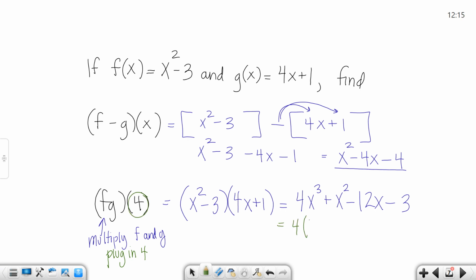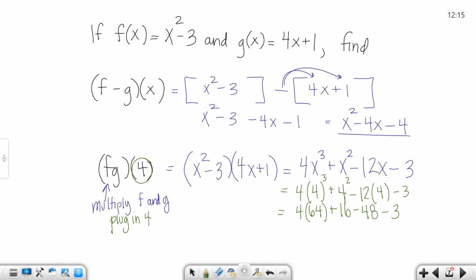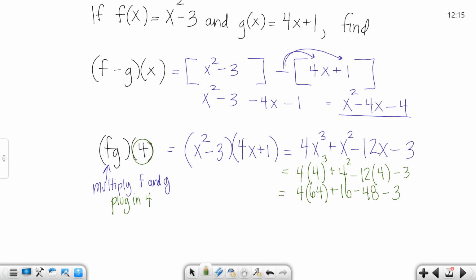So this would be 4 times 4 cubed plus 4 squared minus 12 times 4 minus 3. 4 cubed is 64. So we get 256 plus 16 minus 48 minus 3.